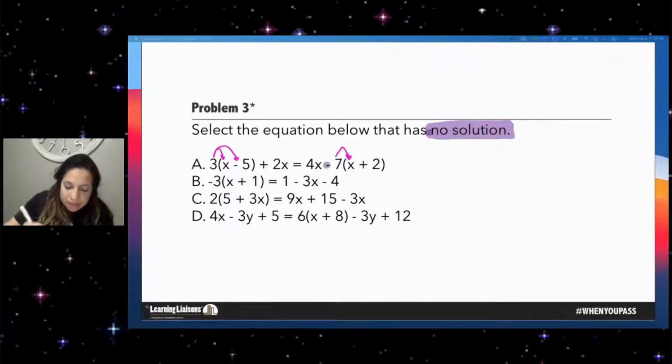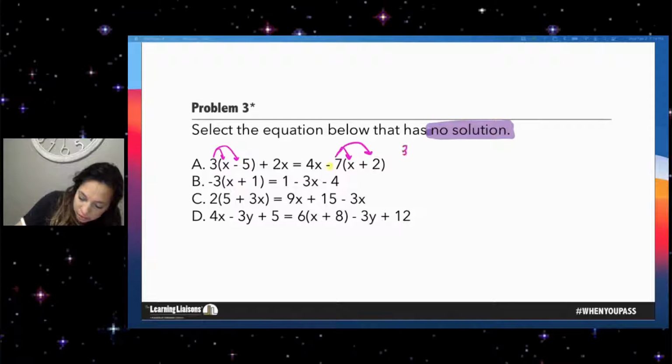Do not miss that negative sign right there. That is a -7, even though we would read it 4x minus 7 times x plus 2. When I distribute, that negative goes with it. So I get 3x minus 15 plus 2x equals 4x minus 7x minus 14.